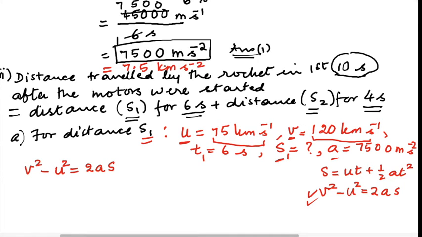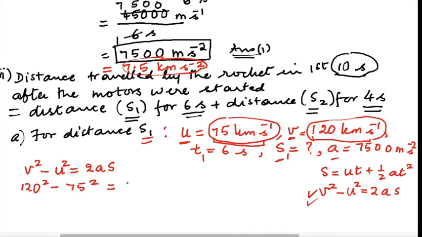It's going to be a little easier to substitute this value in kilometer per second when our initial velocity is kilometer per second and this also is kilometer per second. And this one is 7.5 kilometer per second square. So I'm going to substitute here. This V square is 120 square minus U square is 75 square, and that is equal to 2 into acceleration 7.5 multiplied by S.